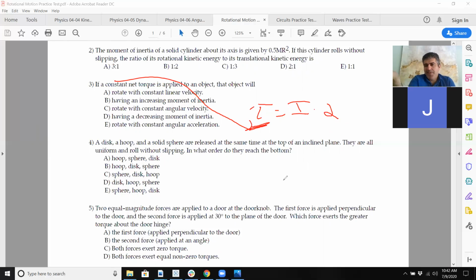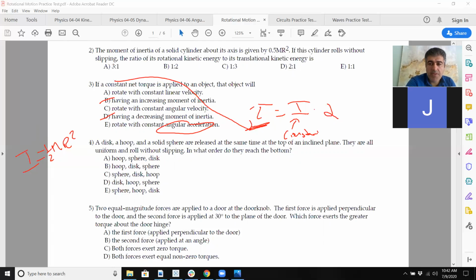Whatever object you're dealing with, that's going to be its inertia, because inertia is something with mr squared, maybe sometimes multiplied by half. It could be a lot of different things, but whatever the object is, it's going to stay the way it is. So that's constant as well. So of course you expect alpha, the angular acceleration, to be constant. Inertia is not changing.